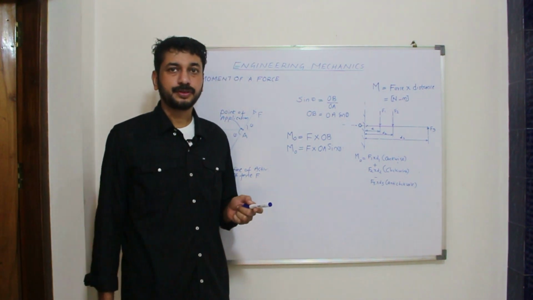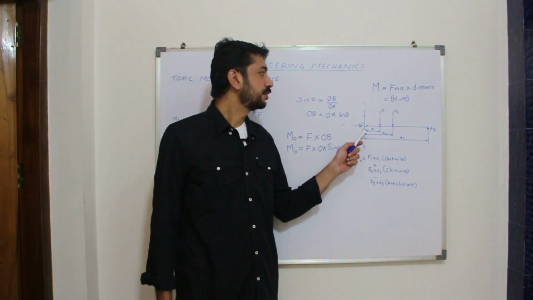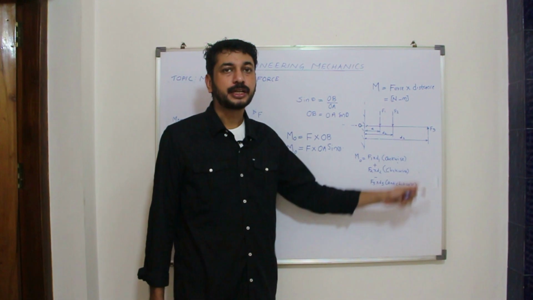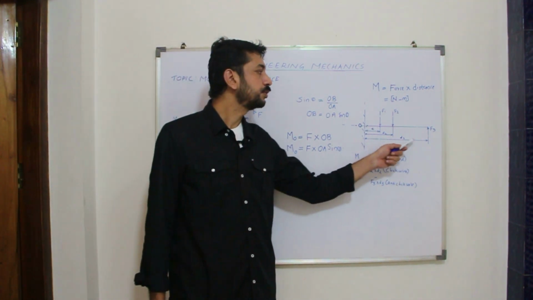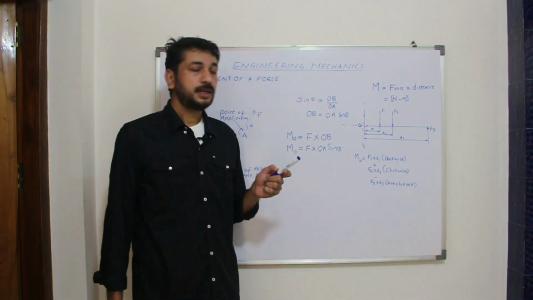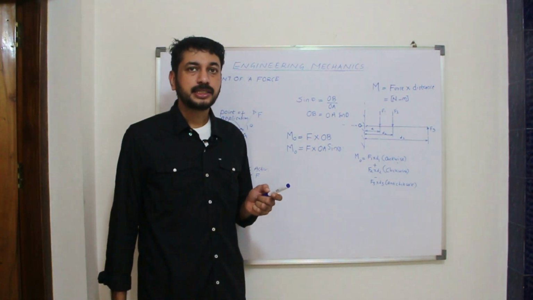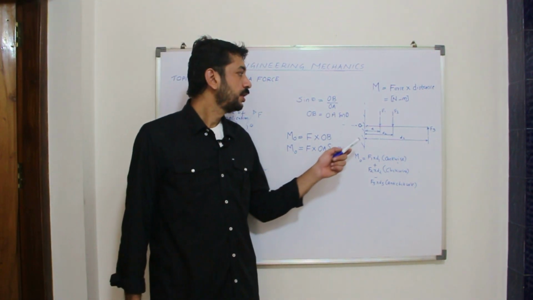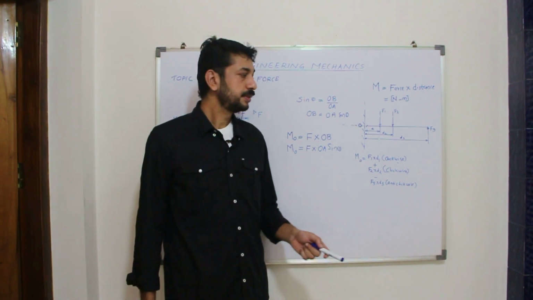There are several forces acting on a system of magnitude F1, F2 and F3 at a distance d1, d2 and d3 from the moment center O. How to calculate the moment about this center?